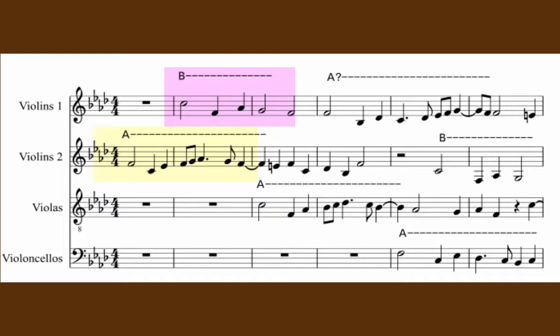The A theme when it's introduced in the viola part starts a fifth below, on middle C. And then when we come in again, the B theme is reintroduced in the second violin part, answering the viola A theme, answered by the violin B theme in measure 6. Also the A theme, which starts on C, is reintroduced by the cellos on tonic on F on measure 5.